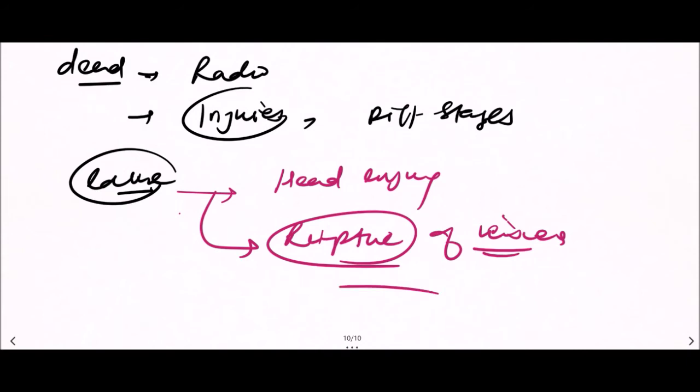Now we have to differentiate this battered baby syndrome from various other conditions in the differential diagnosis. The child may be having acute abdomen, so we have to rule out acute abdomen. Maybe an intrinsic intestinal disease, inflammatory bowel disease, or some congenital anomalies may be there.